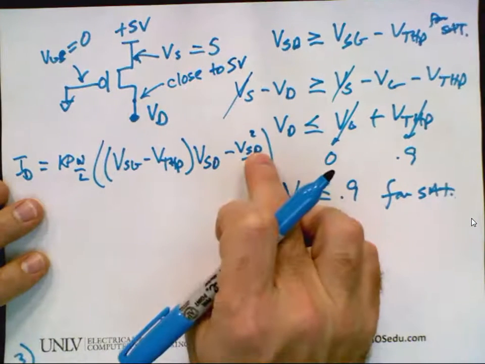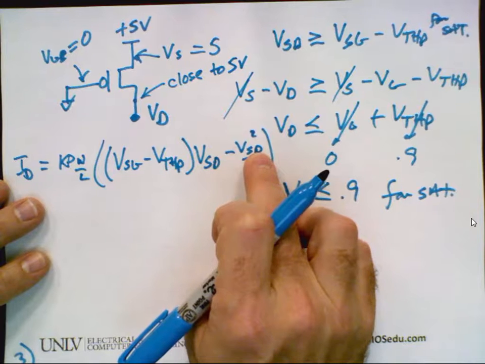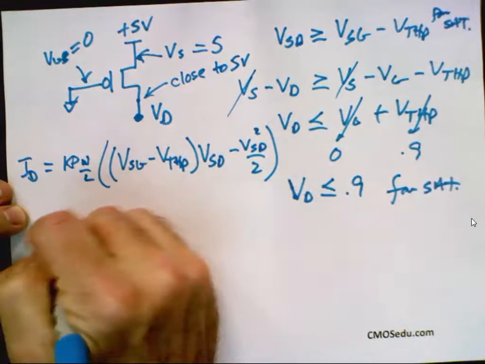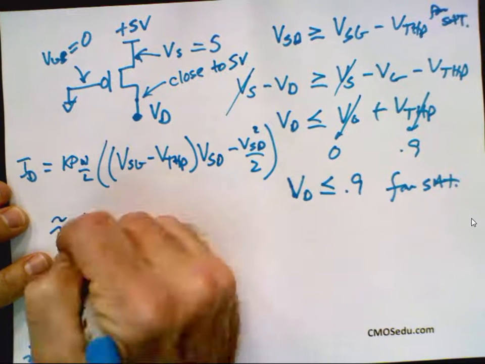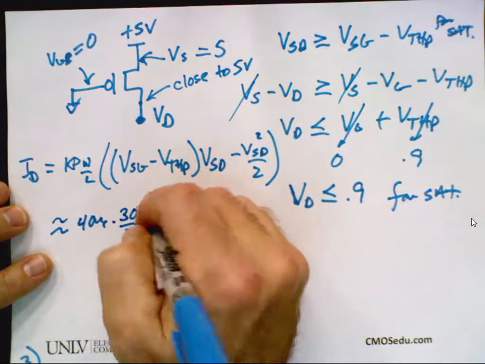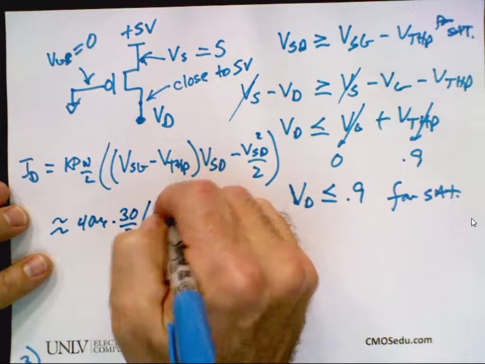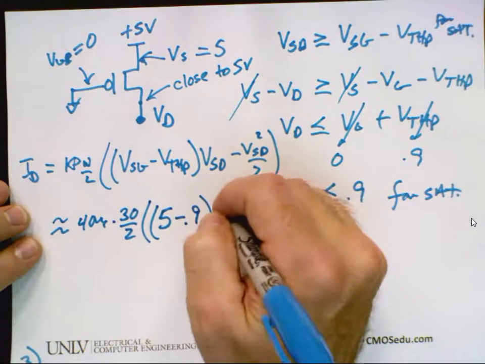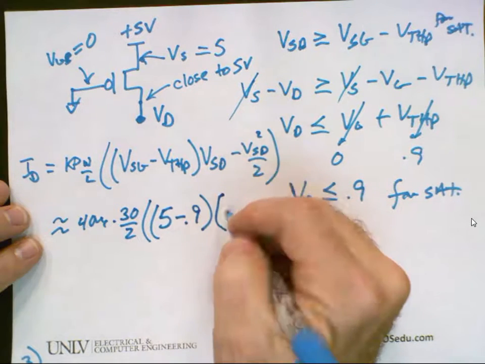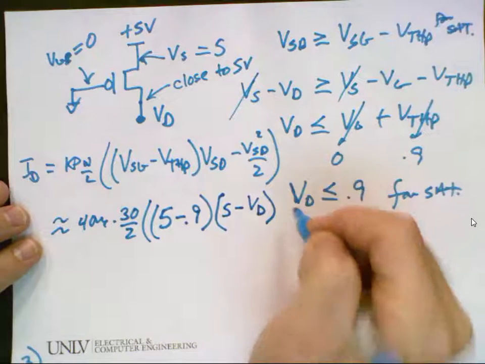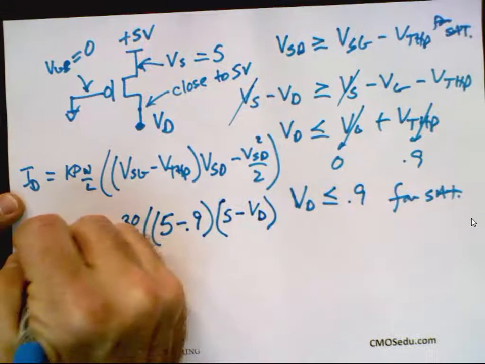What happens when I take this small number and square it? Say it's 0.1 and it's squared, it's even smaller. So I'm going to say this is approximately 40 micro times 30 over 2 times 5 minus 0.9 times VSD, which I'm going to write as 5 minus V drain, and that's equal to 20 microamps.